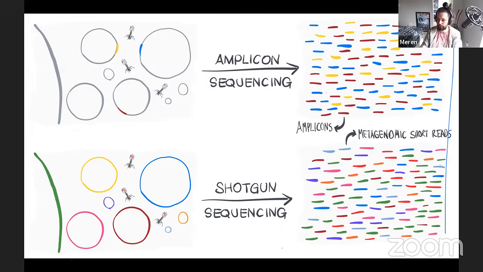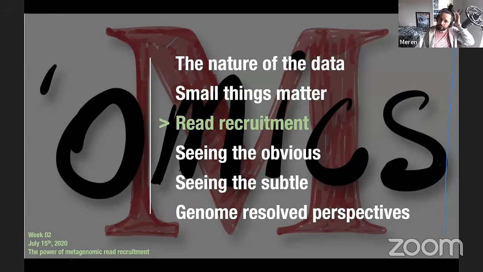Then you can count these numbers up and come up with an exact spreadsheet: this environment has this function, this percentage, versus this environment. Next week, we are going to talk about limitations of those approaches and how they can lead to misleading insights. But this week, we are going to discuss how we do read recruitment. What do we do with these kinds of data? So the next chapter of our conversation will hopefully give some insights about that.